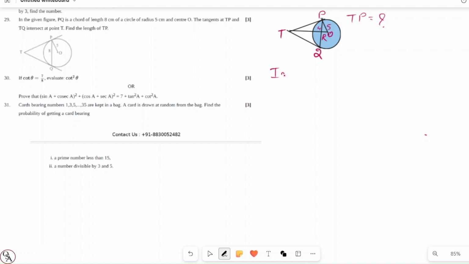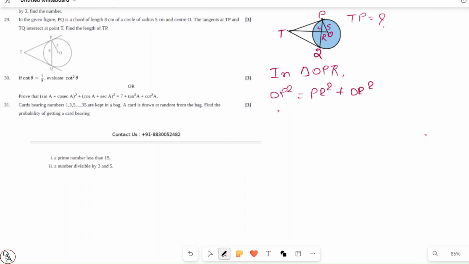So if I check in triangle OPR, if I use the Pythagoras theorem, then I will get the value of OR. My OP square is equal to PR square plus OR square.